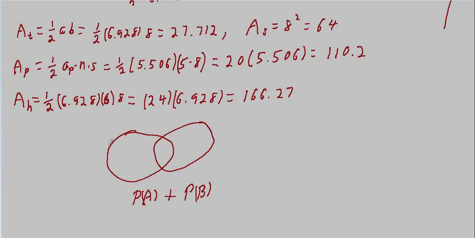The problem is all this. You're counting it twice. You're counting it in this one for A, and you're counting it over here for B. So now what you have to do is subtract off. I don't know if you're familiar with this notation, probably not, but this is a kind of standard notation for A intersection B. In other words, the spot where they overlap, you subtract out. So you add the two and then subtract.